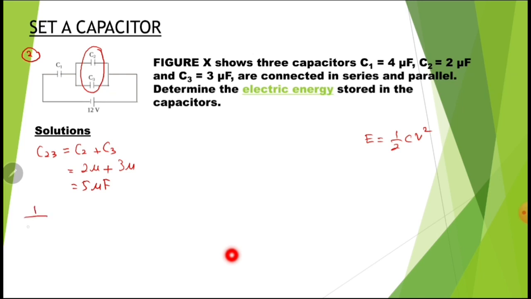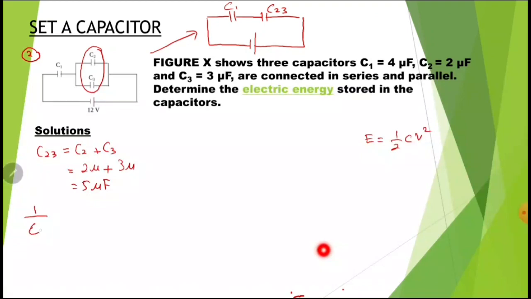So, here is C123. Bila kita simplify kan dia, circuit kita dapat macam ni. So, here is C1, here is C23. So, bawah ni kita ada power supply. So, here is C23. Kita just baru simplify kan circuit tu tadi. C23, here is C1. So, C1 dengan C23 is series.